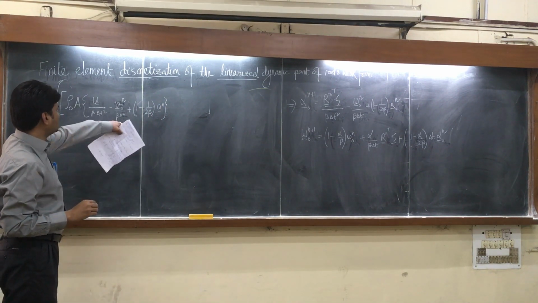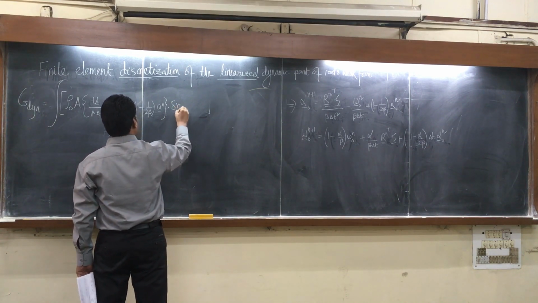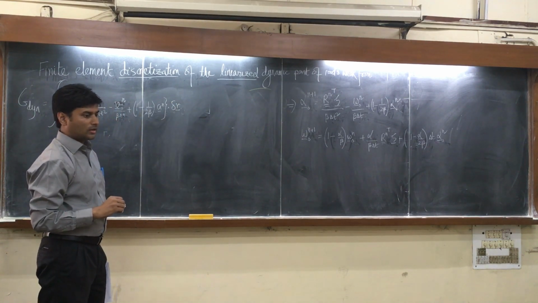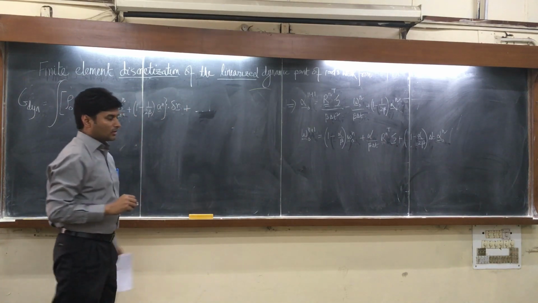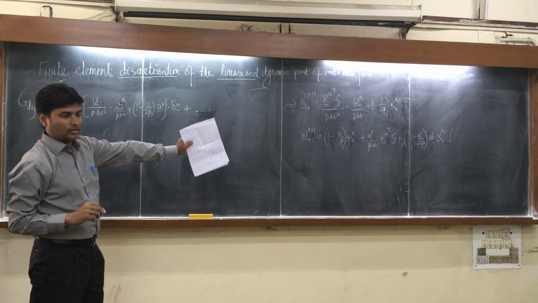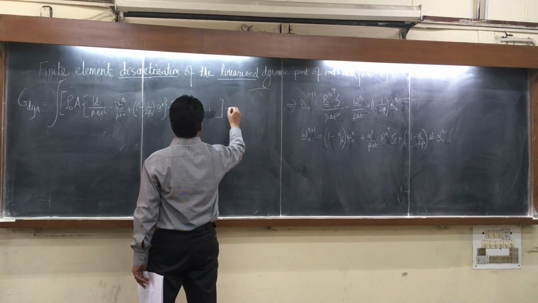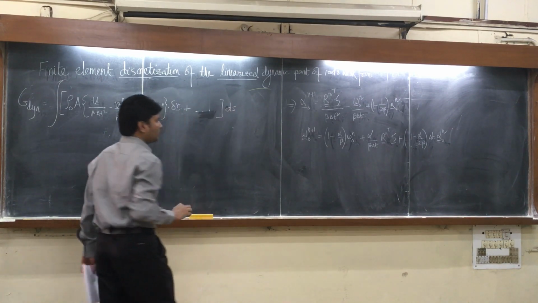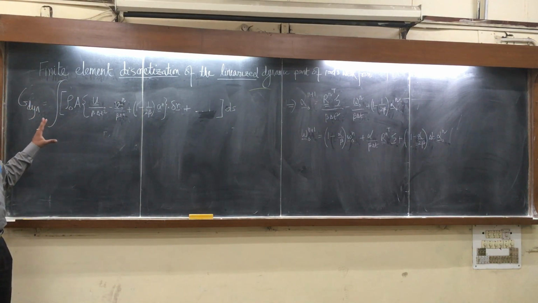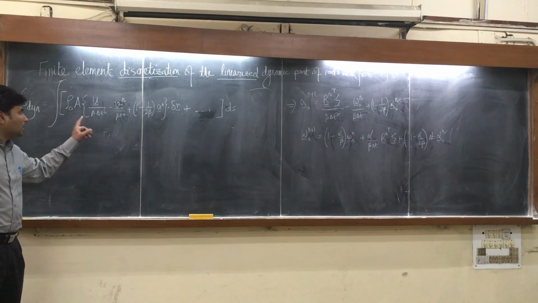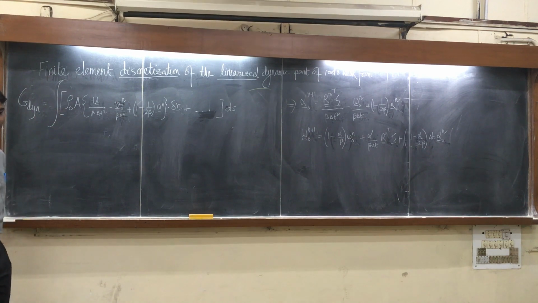So this is your acceleration at n plus 1. We then dot this with delta r, plus then you have to do the same thing for the rotational part, into ds.